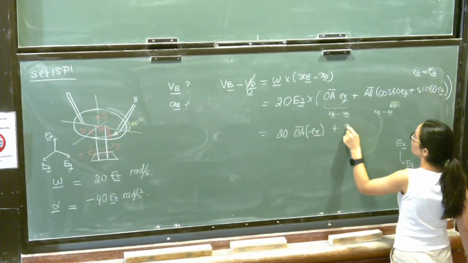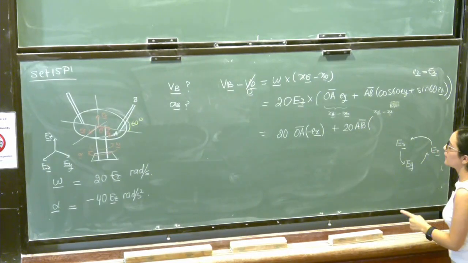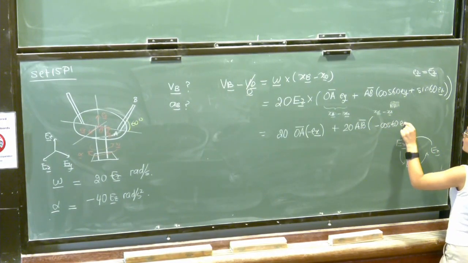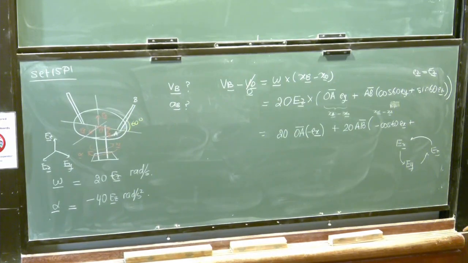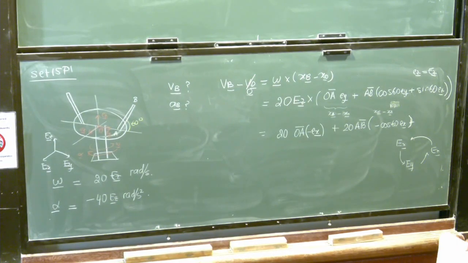Plus 20 AB bar. Okay, that's the same. Minus cosine 60 Ex plus, what is Ez cross Ez? 0. Right. So that's our answer. The velocity of B is purely going to be along rotational Ex.